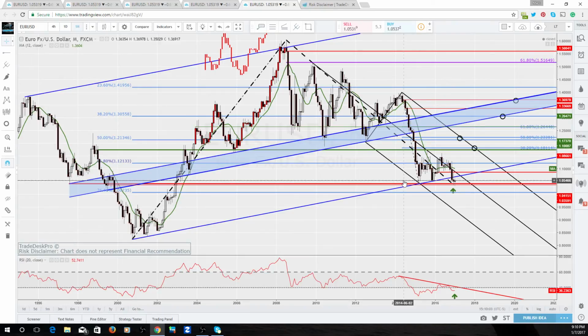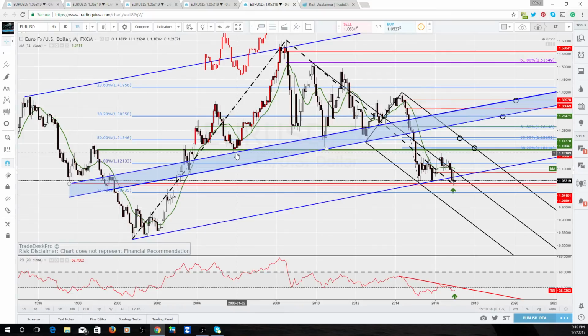All right, then the blue channel, right? So we've got the lower and the upper parallel of the channel, so to speak, of the bigger channel, and then we have this one. And why do I like this one? It should be really clear. It was resistance here, went through it, went back down, and the bottom of this channel was support.